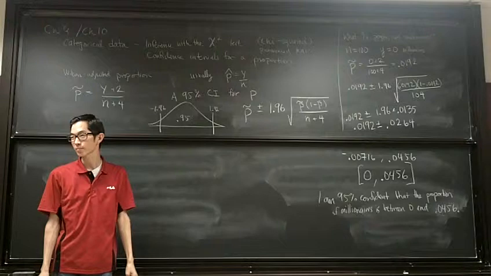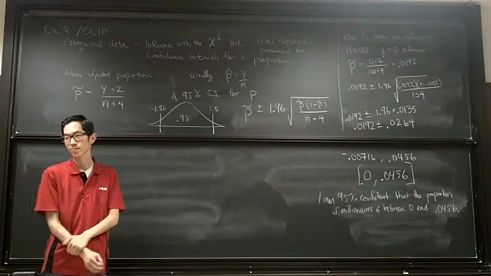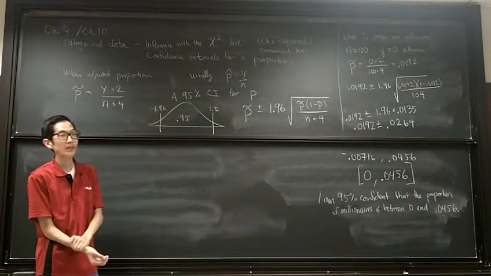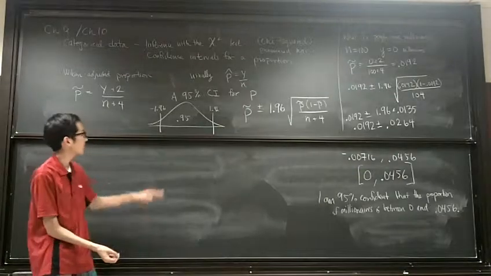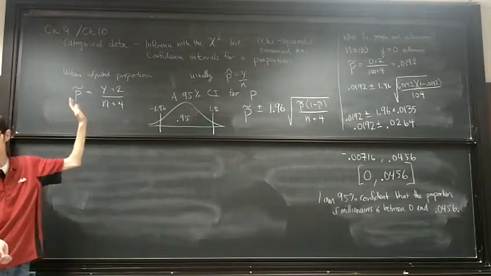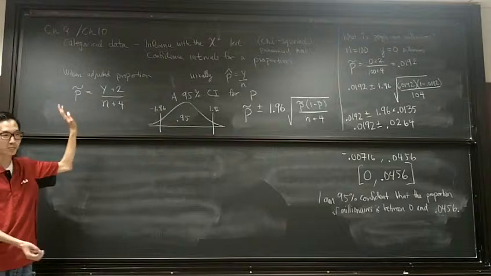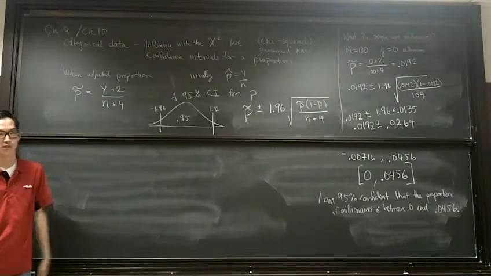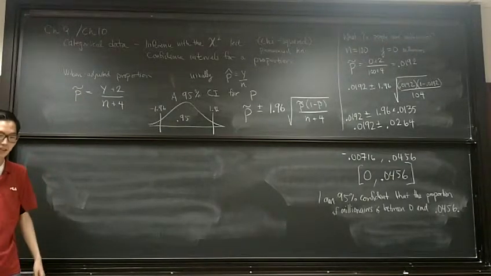If it was 90%, it would be a different number, but we're not going to be working with that because that would change other stuff. It would change your P tilde and n plus 4 and things like that.